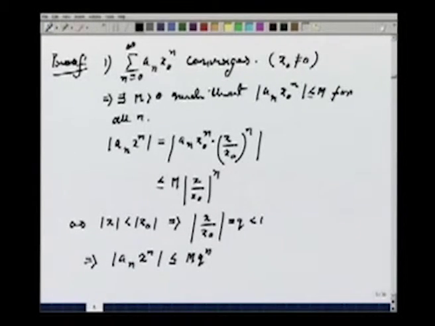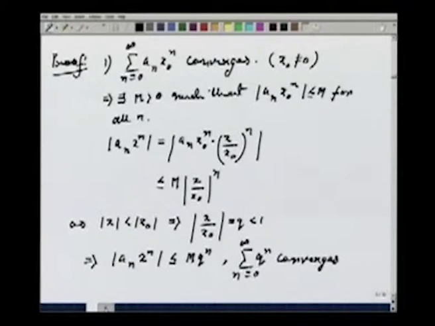Now as q is less than 1, I know that summation n from 0 to infinity q to the power n converges, being the geometric series. If I have a geometric series where the common ratio is less than 1, then the geometric series converges. That we have already seen.